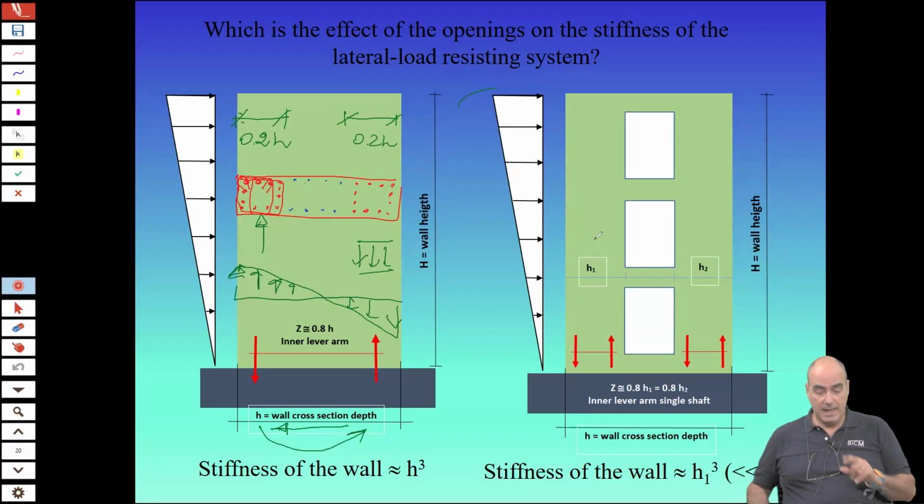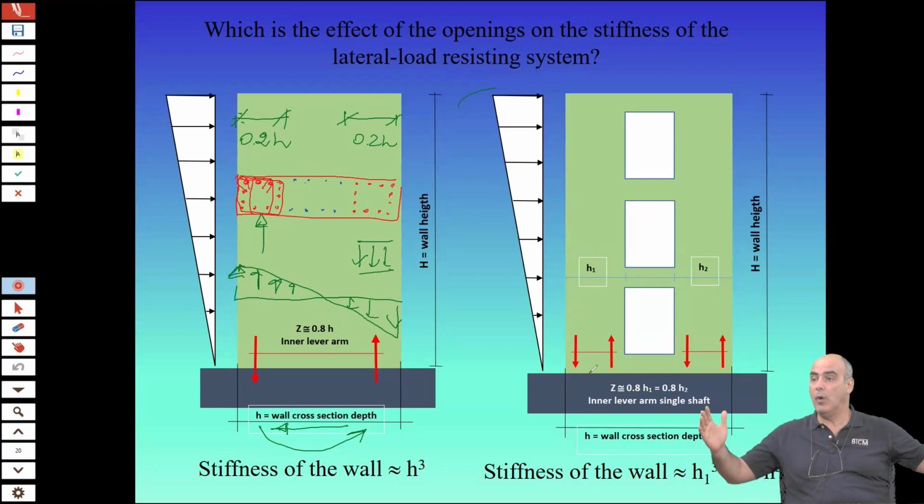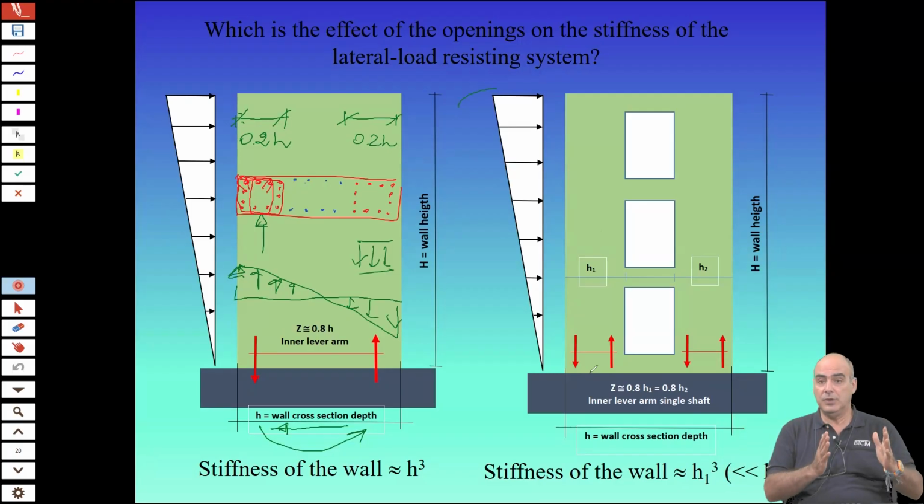But also with respect to the strength, as you see, now you have two shafts, and their inner lever arm is not the width of the wall. It's 35% of it.